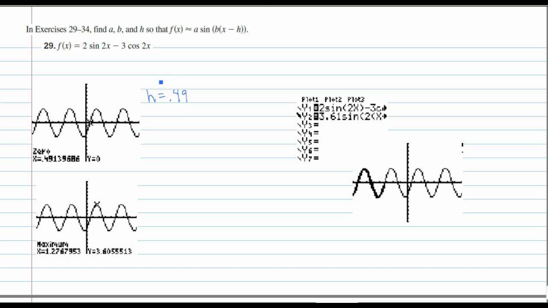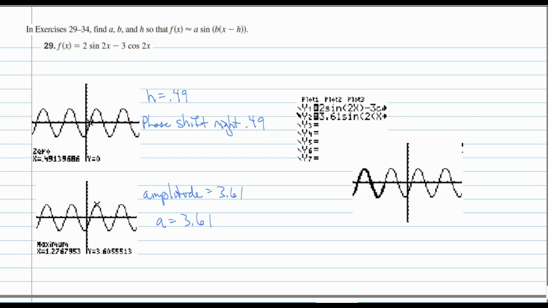There is a phase shift right 0.49. Now, the maximum value is going to be my amplitude, which is 3.61. So the amplitude, which means A.